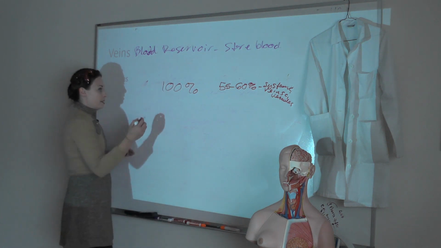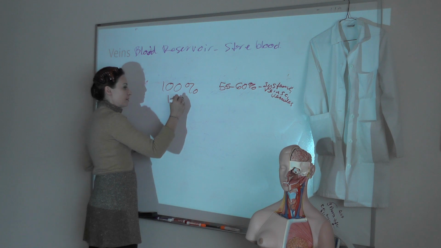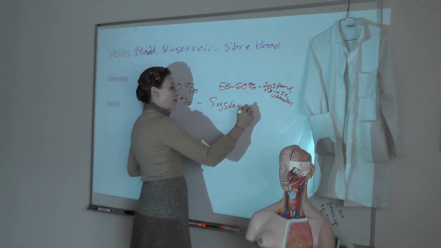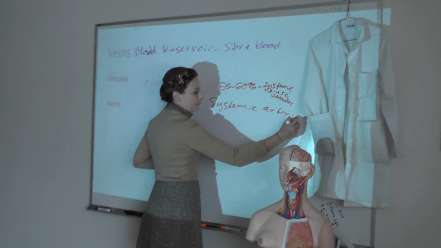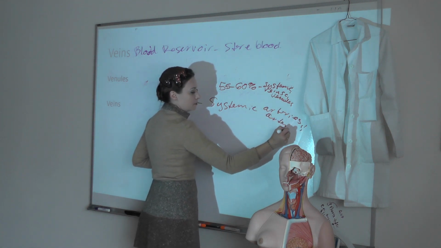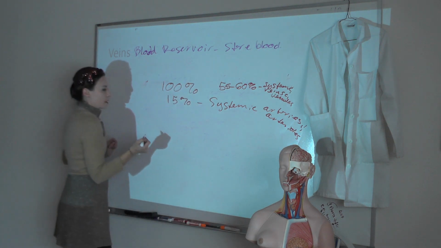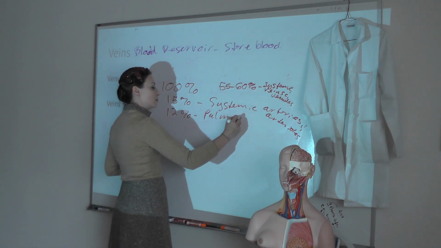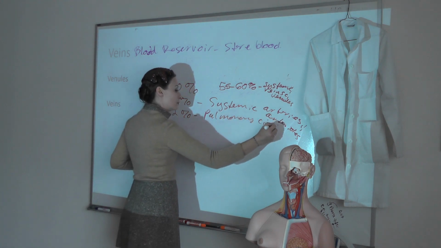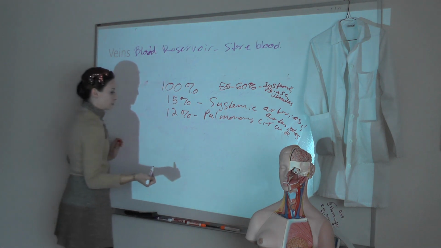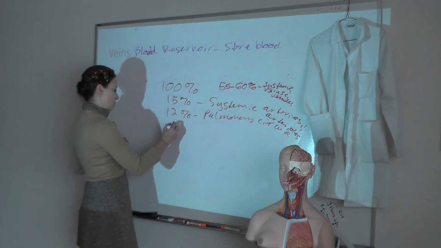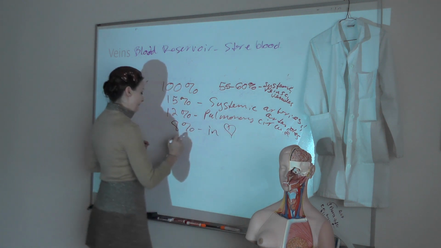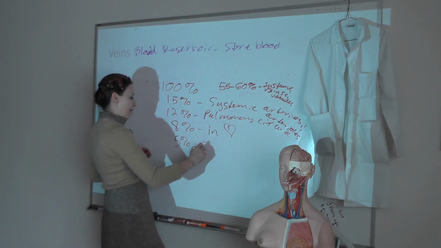And then about 15% is in your systemic arteries and arterioles. About 12% is in your pulmonary circuit. About 8% is in your heart, and about 5% is in your capillaries.